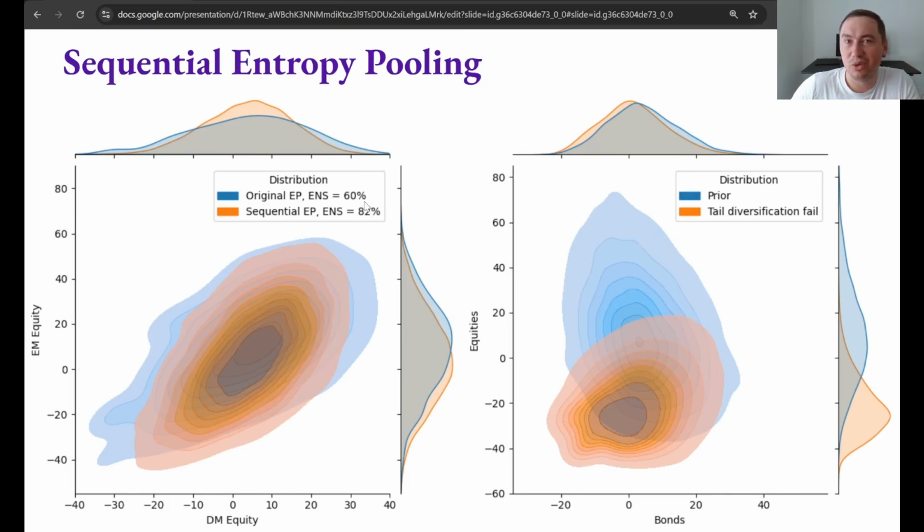You will learn what this effective number of scenarios is in the future, but usually we want it to be as high as possible when we implement these views, because it measures how much we distort the prior simulation that we have. So here you see the results for the original entropy pooling and sequential entropy pooling, just implementing the same views, and we get a much lower relative entropy in this case, and a higher effective number of scenarios.